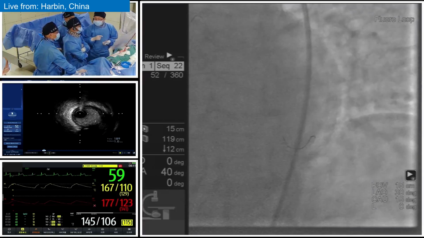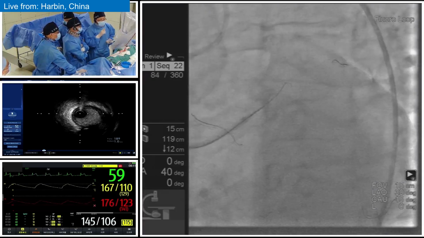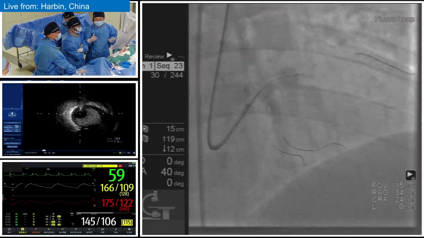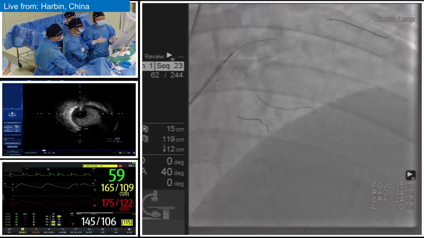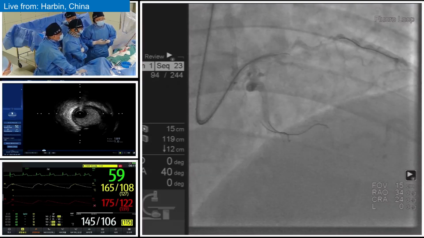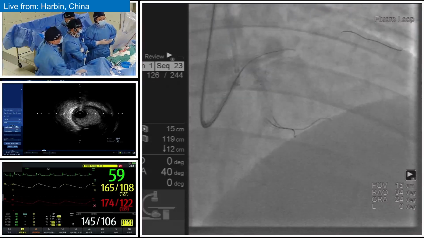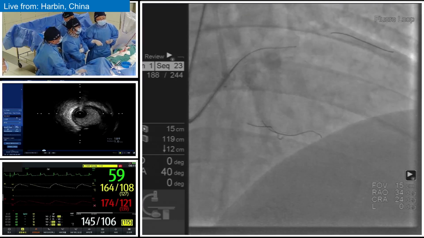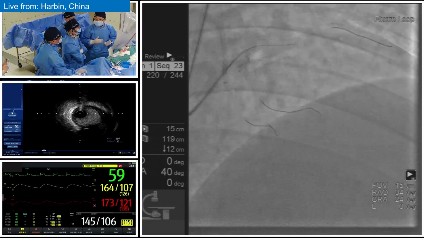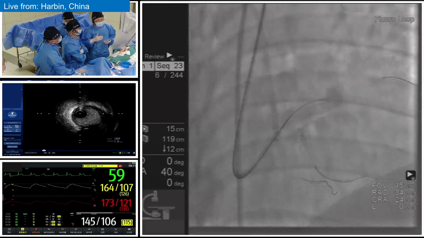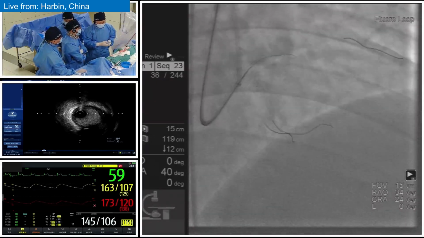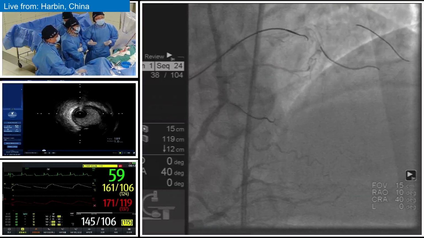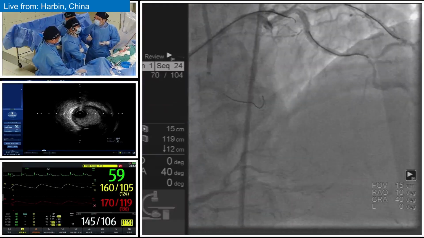We can see this time the CP12 wire may come into the CTO body, but we must use another orthogonal view to recheck the direction. In that direction, we advance the stiff wire a little bit. We must give enough support to make the microcatheter come into the CTO body, and then the Corsair was advanced to the proximal portion of the LAD.